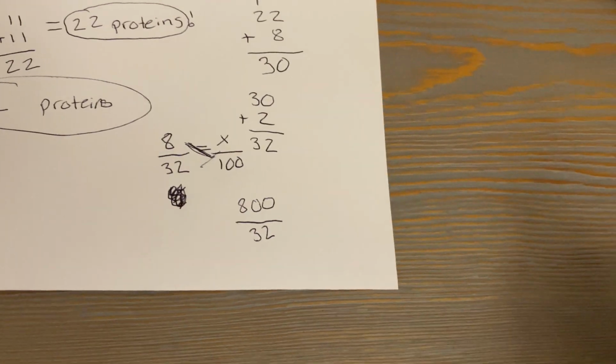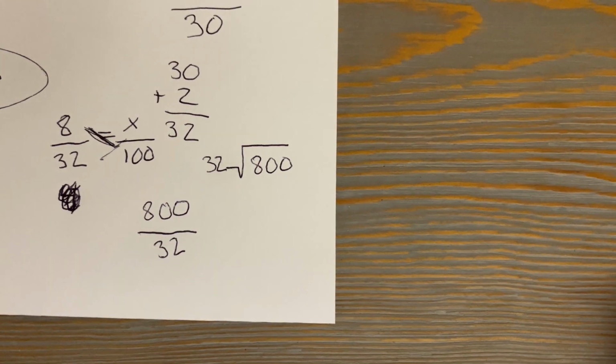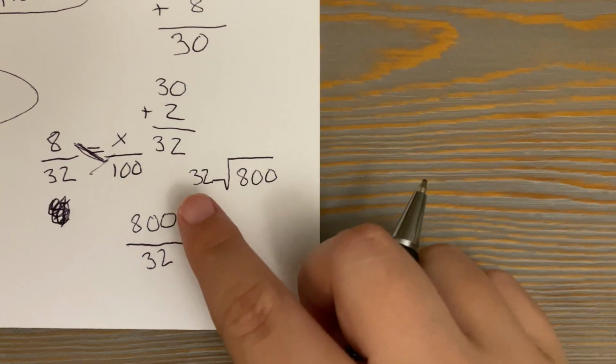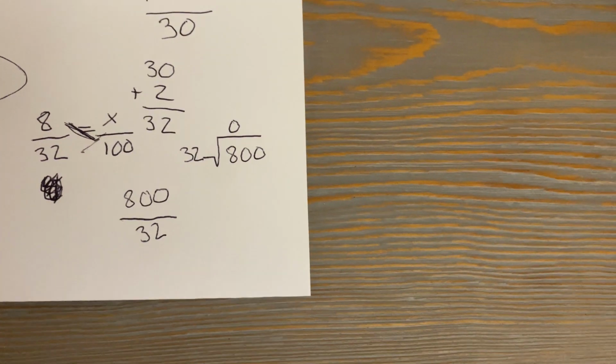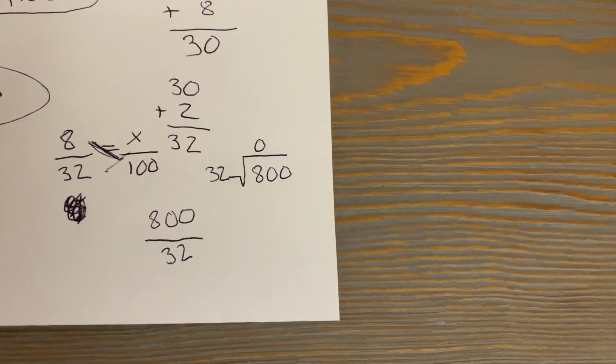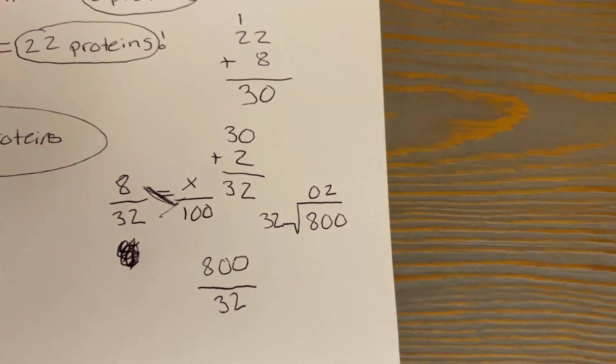So we're going to change this into some long division. So you put 800 in the box and you put 32 on the outside. So can 32 go into 8? No. Can 32 go into 80? Not 1 times, but 2. Good job. So 32 times 2 is 64.